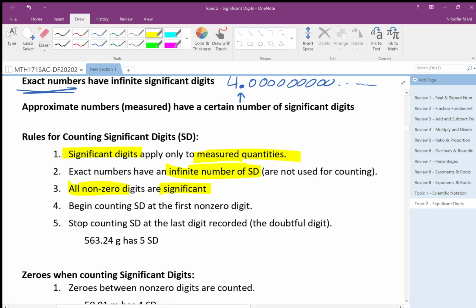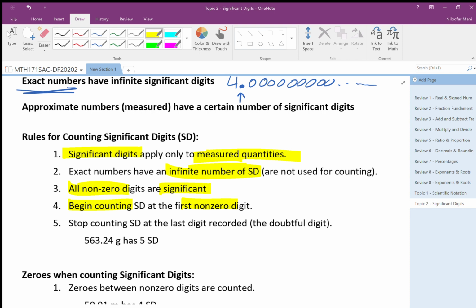Begin counting at the first non-zero digit and stop at the last digit recorded. Stop counting at the last digit. It means if you don't have a decimal and you see zeros at the end, you don't need to count them.